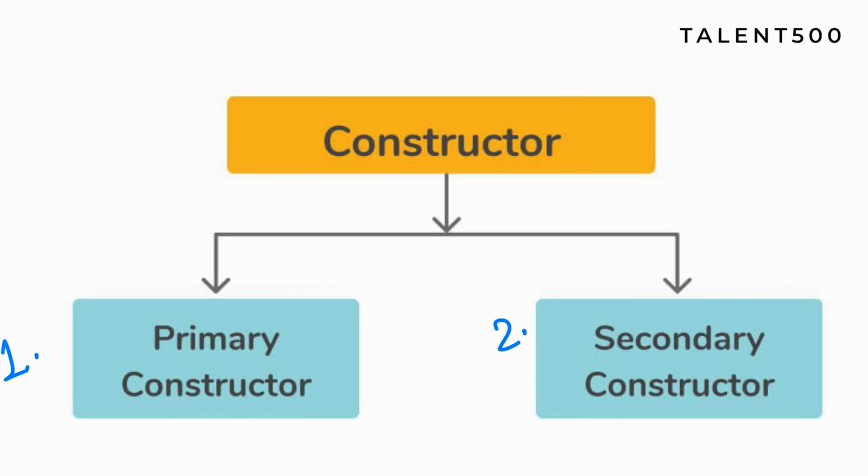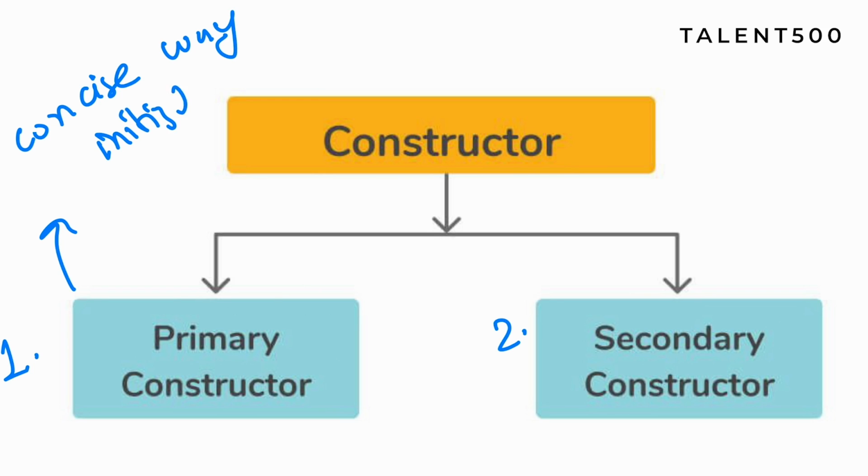Okay, so the primary constructor is a concise way to initialize a class, and the secondary constructor allows you to put additional initialization logic. If I talk about the primary constructor, it is a very concise way of initializing the classes.